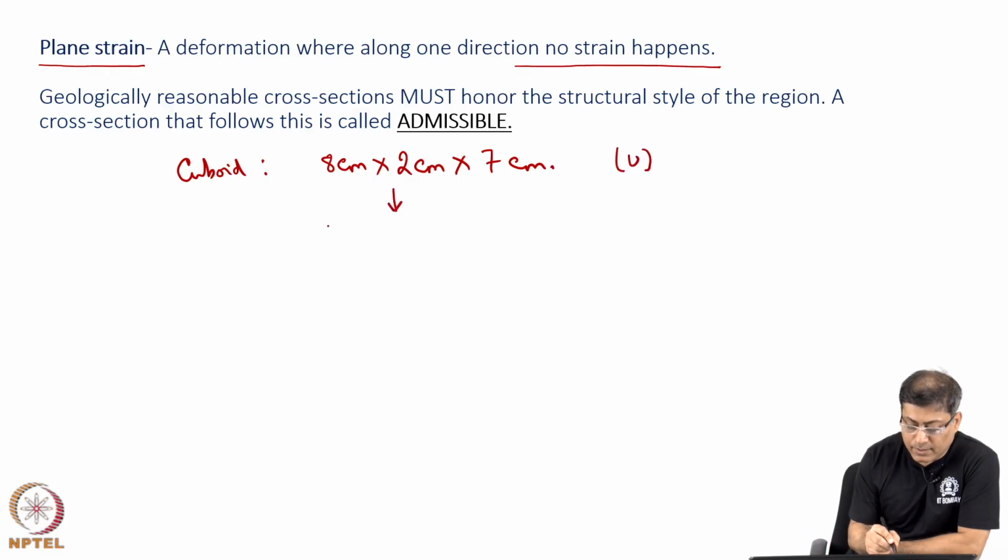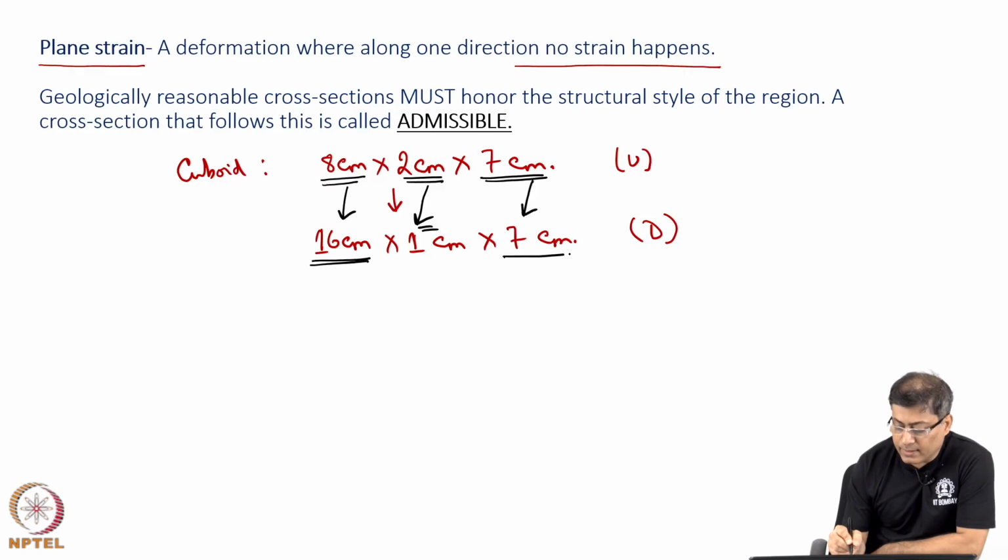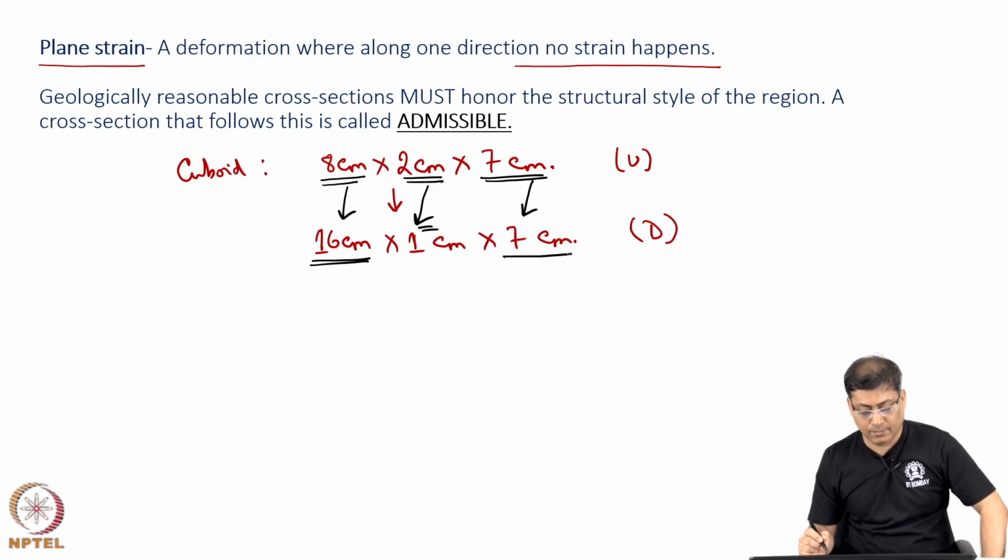Suppose by a deformation the cuboid has attained length 16 centimeter, 1 centimeter, 7 centimeter. This is the deformed one. I mean to say, what was earlier 8 centimeter has become 16 centimeter, what was 2 centimeter has become 1 centimeter, and what was 7 centimeter has maintained the same length.